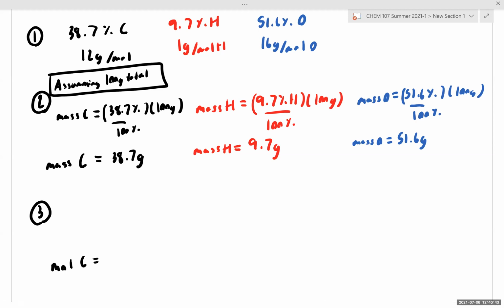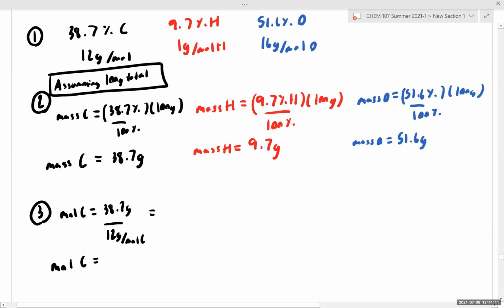What is our moles of carbon given our mass of carbon? Yep, exactly right. So for our moles of carbon, we take our mass of carbon over our molar mass.